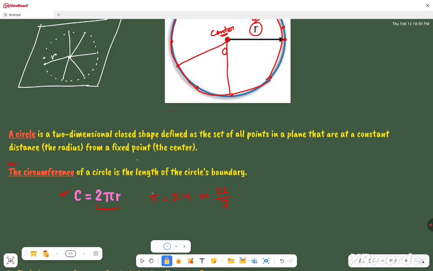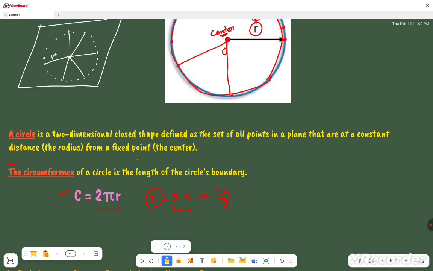Now we have to know that pi is an irrational number, but for the sake of simplicity of calculation, we will take a certain value. The exact value of pi is not known till date, so we will take an approximate value, that is 3.14, or 22/7.